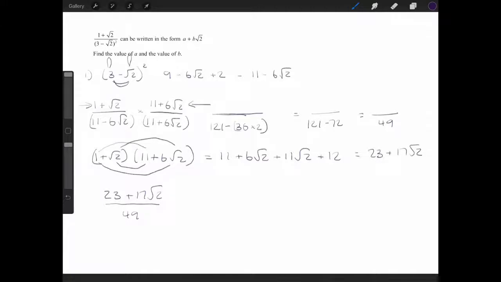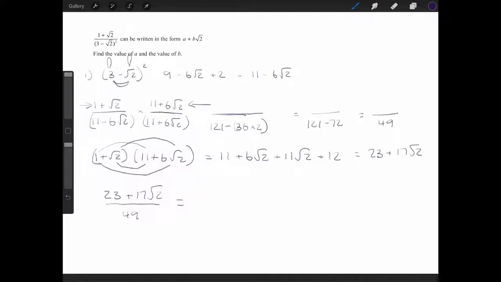Again, at this stage, you may start to doubt yourself. You may start to feel that something must have gone wrong because you can't find a way of cancelling those down or simplifying them. Don't forget, with the higher paper, they're very likely to throw some awkward fractions in there as well. And that's actually what they've done here.